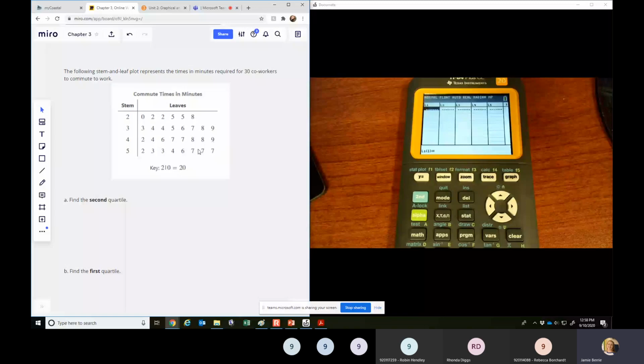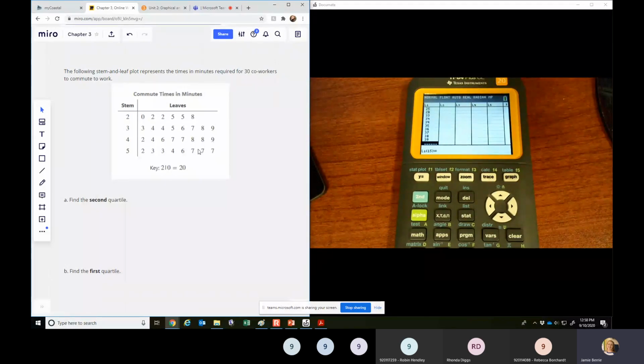If you look over here at our stem and leaf plot, it starts off with 20. So 20, and then 22, 22 again, 25, 25 again, and then 28. Now we're on to the next stem of 3: 33, 34 two times, 35, 36, 37, 38, and 39.